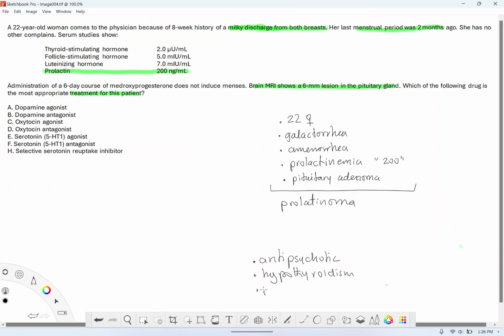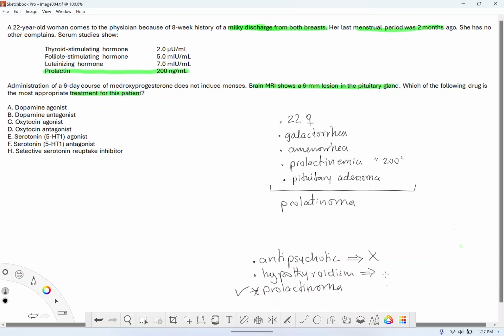And the third one is prolactinoma. We said it's prolactinoma in this case. If it was antipsychotic, we should have a history of a person with psychosis and then use of antipsychotic medication. That's not the case. And if it was hypothyroidism, we should have a case of hypothyroidism, and this case is not.